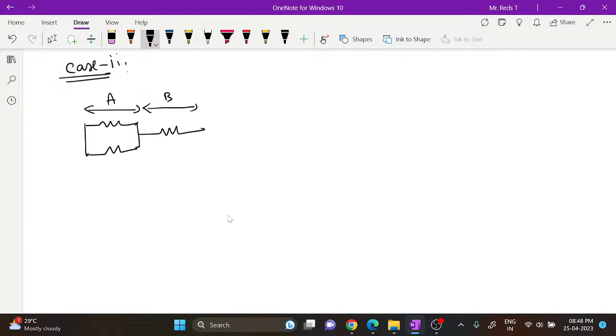Each resistance is R because all are identical. This is connected to the DC source of EMF E. Now you can say this is figure 3.